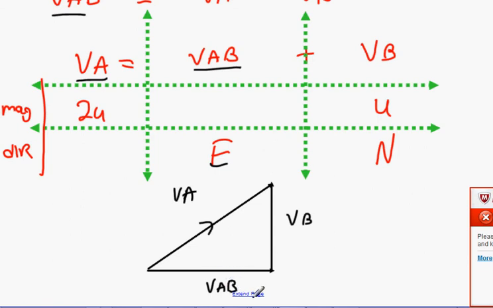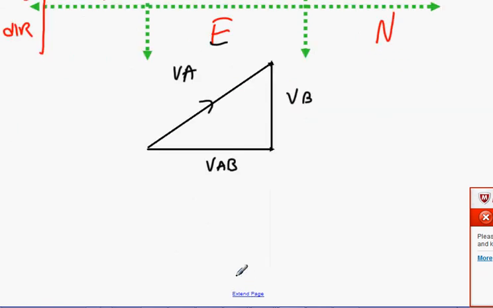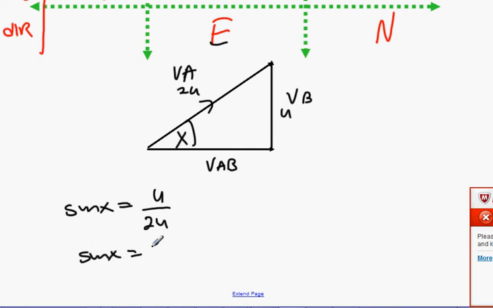Now that you have this done, what do we do next? Well, this is u. This one here is 2u. We can find out what sine of this angle is. Sine x equals u over 2u. Sine x equals a half. So x equals 30 degrees.